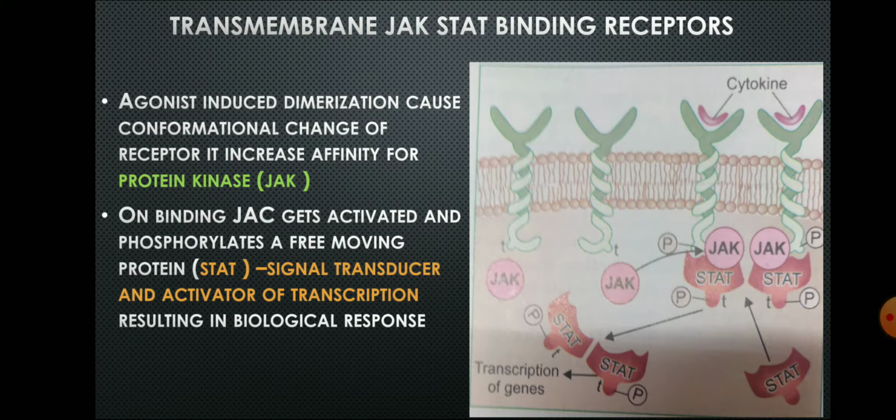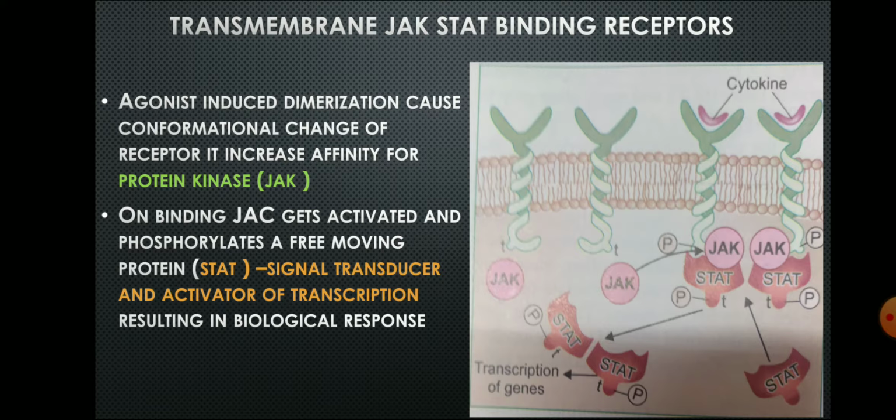Now जब रिसेप्टर की अफिनिटी बढ़ गई, जैक के लिए, तो व्हाट जैक डज, इट अटैचेस. ओके, एंड देन व्हेन ऑन बाइंडिंग जैक गेट्स एक्टिवेटेड. तो जैक जैसे ही अटैच हुआ फ्रॉम द साइटोसोलिक साइड ऑफ द रिसेप्टर टू द रिसेप्टर, तो वो हो गया एक्टिवेट.